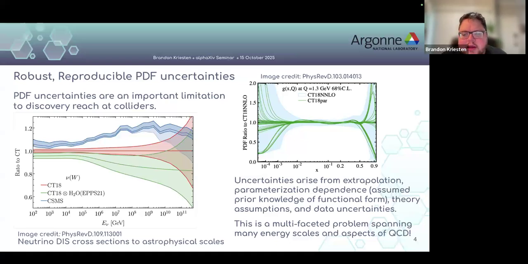It was studied in this CTEQ paper here on the right, on the effect of this parameterization dependence by spanning many different functional forms and fitting them to world data. And you can see you can get wildly drastic results in the extrapolation region. Not surprising, but it's something to keep in mind: this parameterization dependence and exploring its effect on the PDF uncertainties, and therefore the implications for particle theory, is very important.